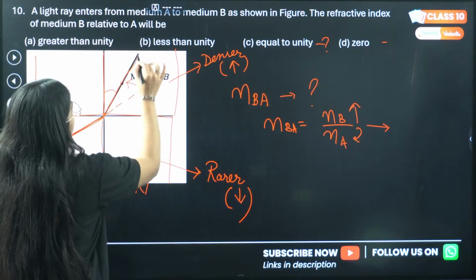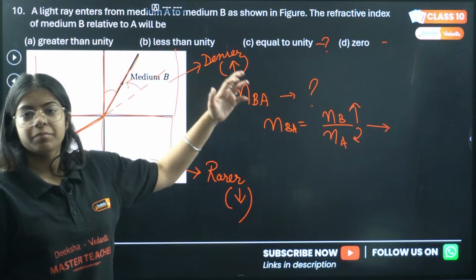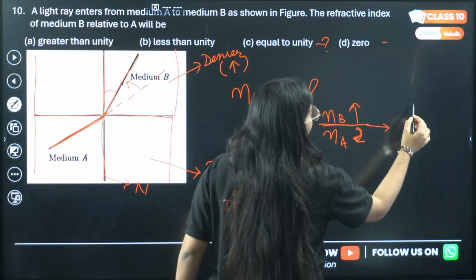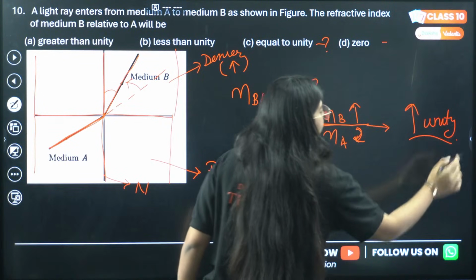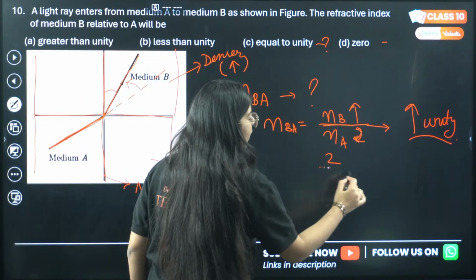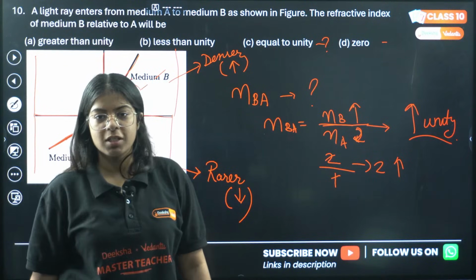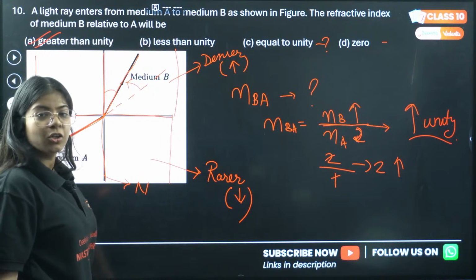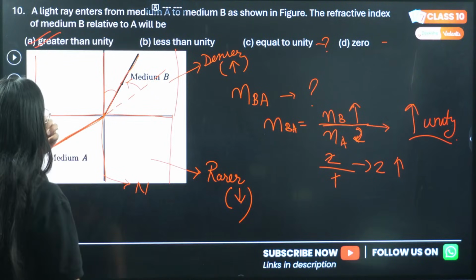Medium B definitely has a refractive index more than medium A, correct? So n_B is more, n_A is less, so this will be greater than unity. If n_B is 2 and n_A is 1, this is definitely 2, which is more than unity. Correct? So the correct option is greater than unity.